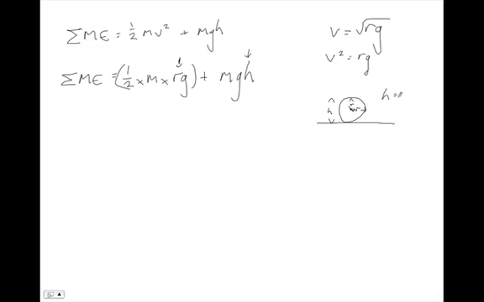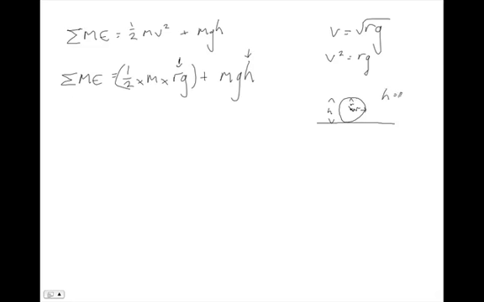So that means we can rewrite this to get rid of another variable. Mechanical energy equals a half mRg plus mg times 2r.